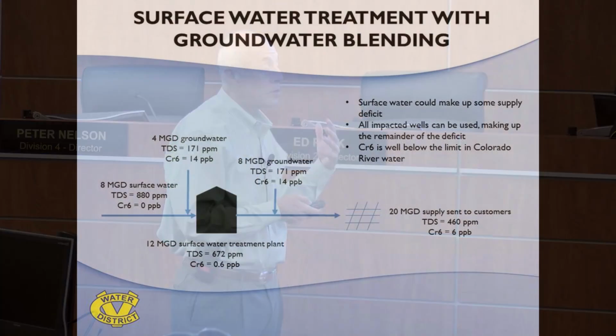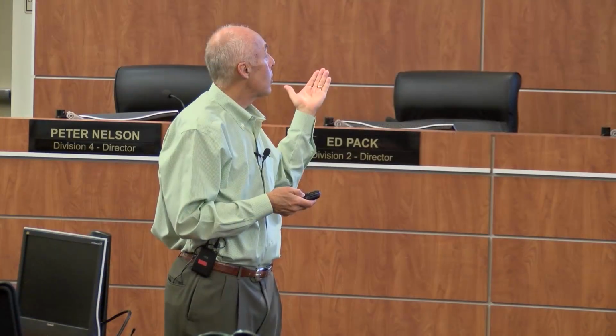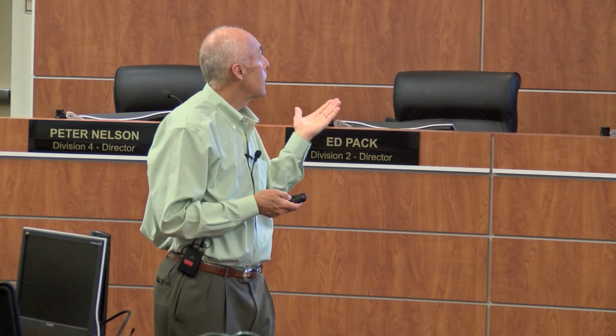So our proposal with surface water, and this is something that our consultant, Hazen and Sawyer, actually came up with, is not to just treat the surface water and then blend it with groundwater, but to actually combine the surface water and some of the groundwater in the treatment process.